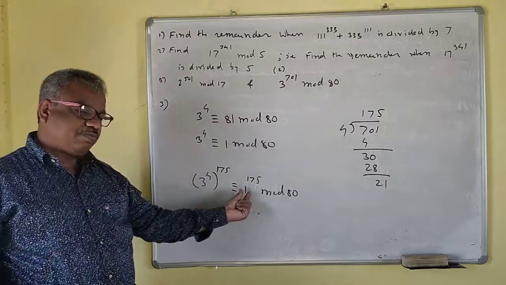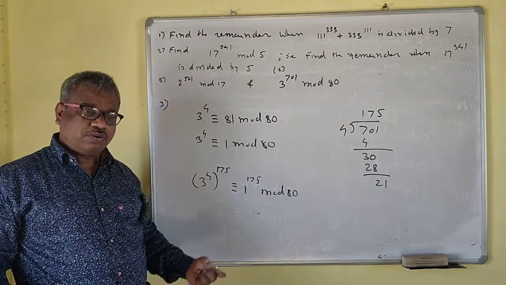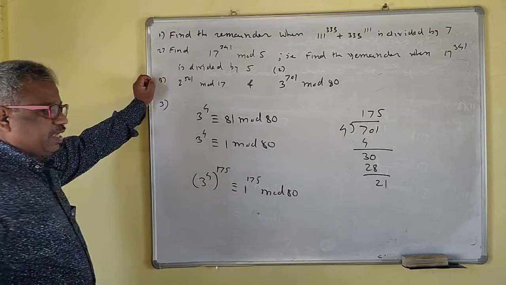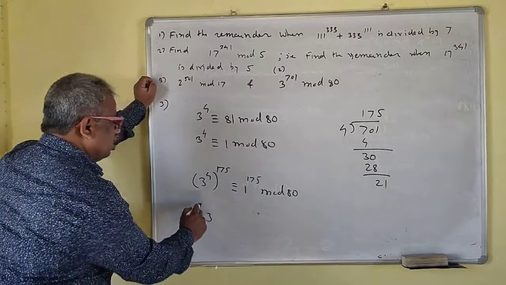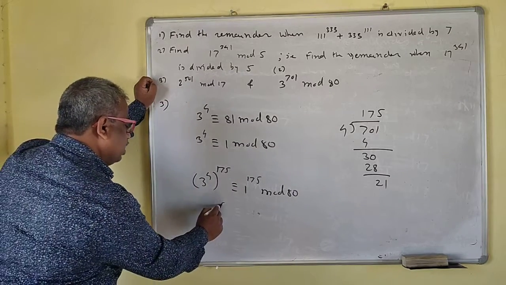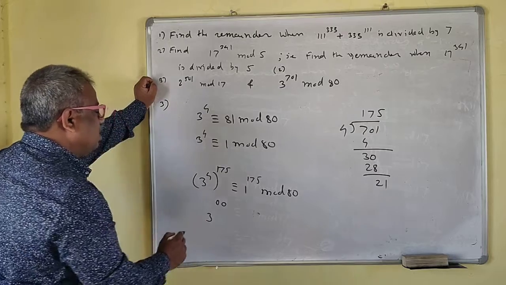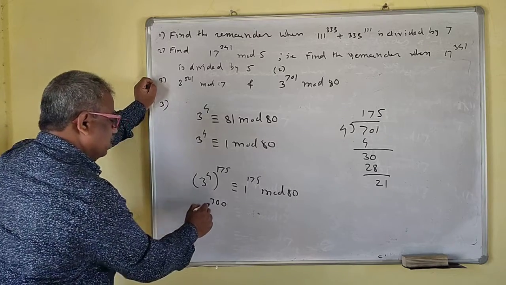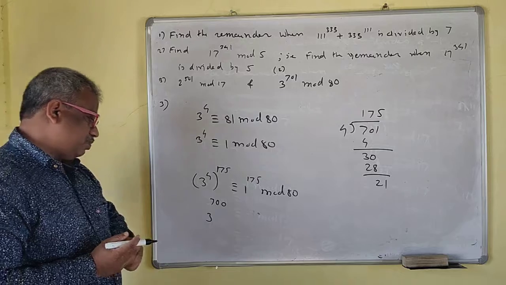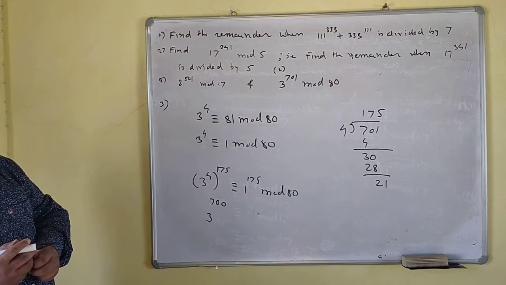See the benefit of the 1 or minus 1. Easily you can take the power, right? Now we take the multiplication of this: 4 times 175 is 700. So we reach up to 700.